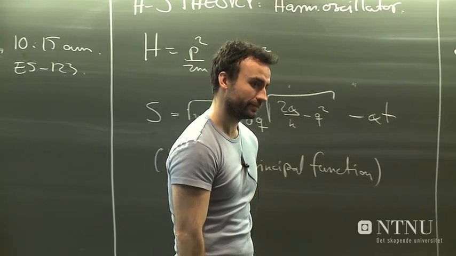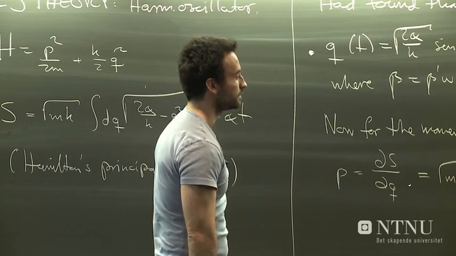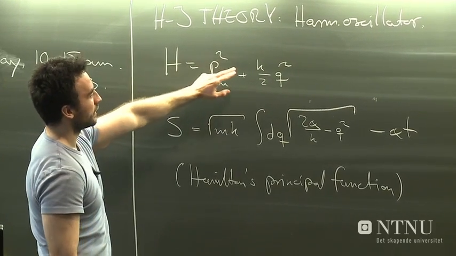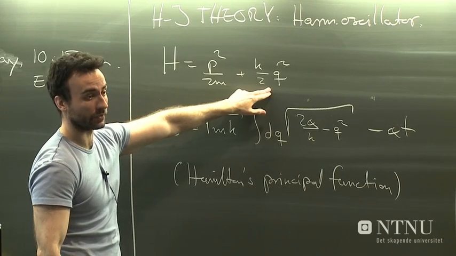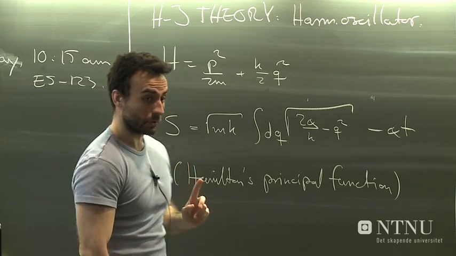And combining the Hamiltonian should give a constant energy. That's true. So inserting P squared and Q squared here, we should get a constant energy. Absolutely. Now there's one more relation.